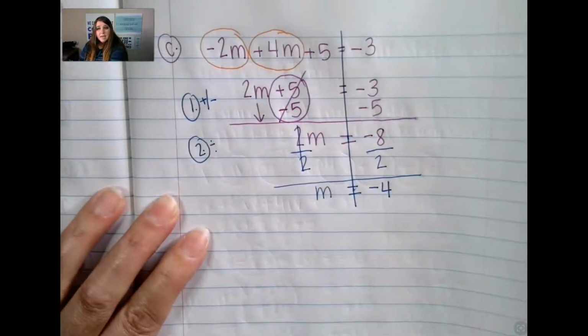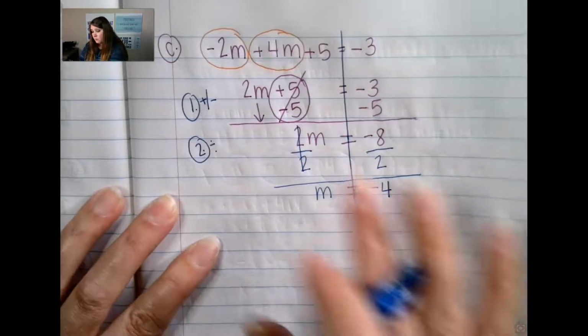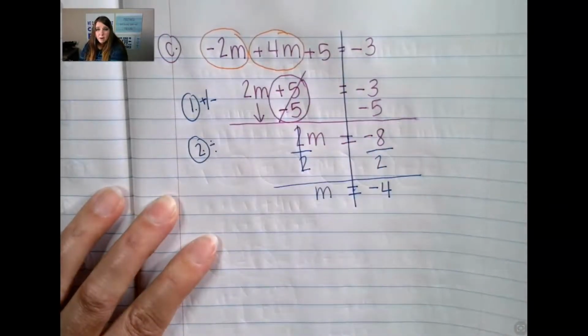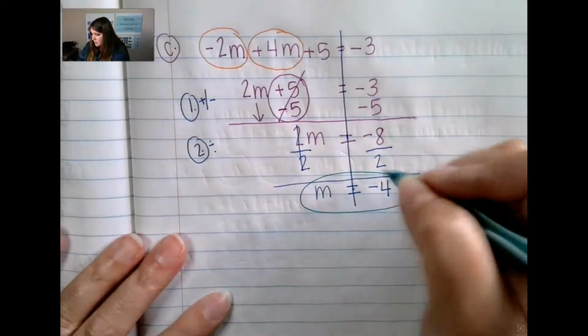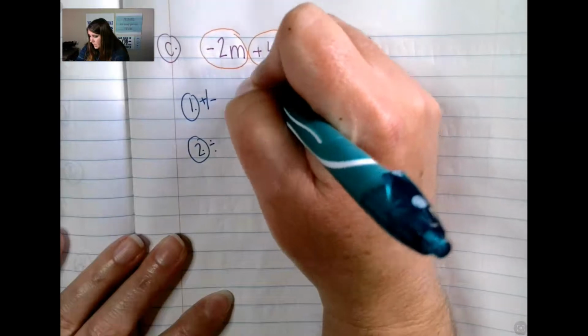And now we can take that negative 4 and put it right back into the equation up above. So now I'm going to take my solution and put it in for this m.